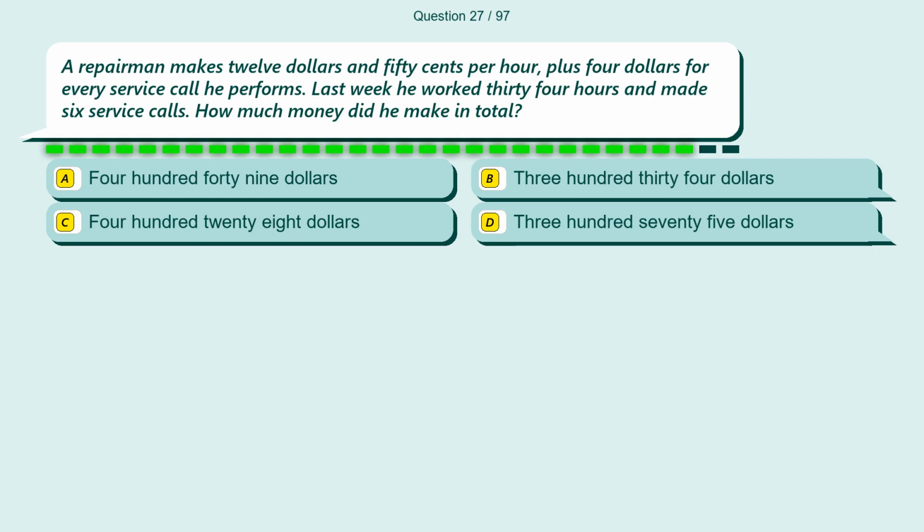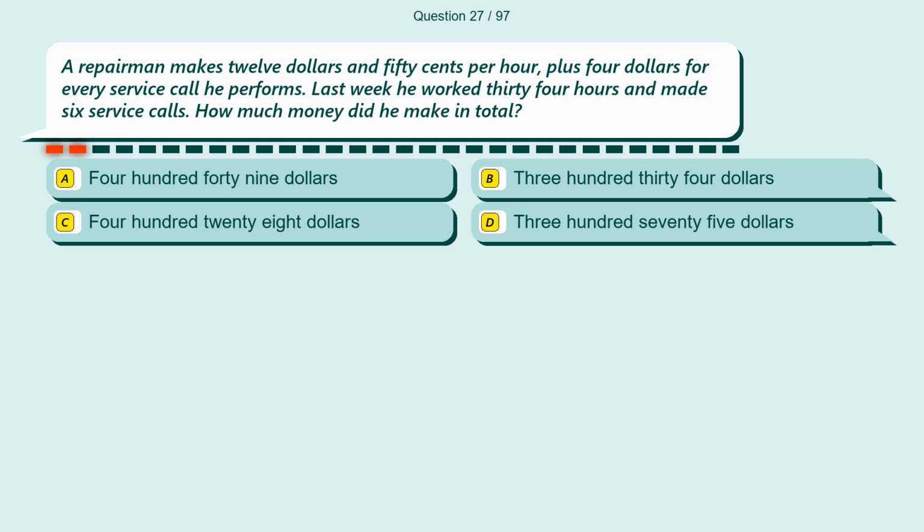Question 27. A repairman makes $12.50 per hour, plus $4 for every service call he performs. Last week he worked 34 hours and made 6 service calls. How much money did he make in total? Option A, $449. Option B, $334. Option C, $428.